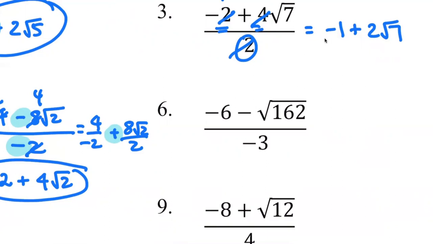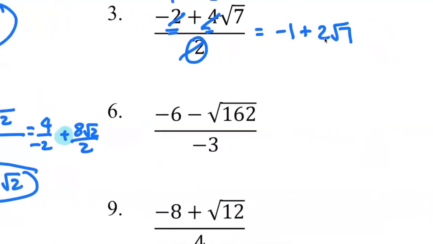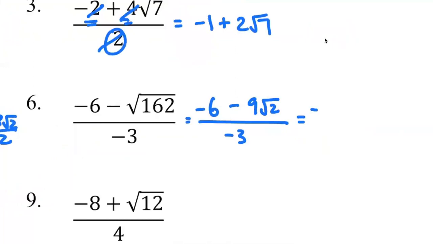Well, that means the square root of 162 is 9 root 2, because 81 is 9 times 9, right? So I've got this, and now I'm going to write this down. So now you can do it this way if you want to.